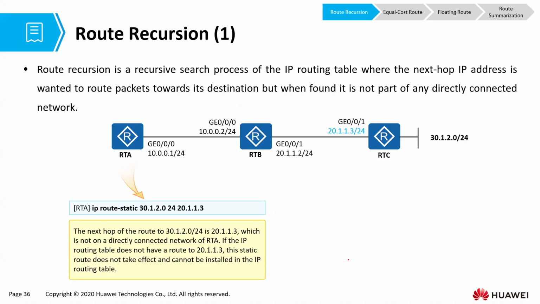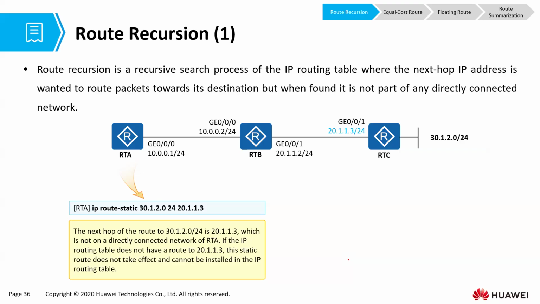Route recursion. A recursion is a recursive search process of the IP routing table where the next hop IP address is wanted to route packets towards its destination, but when found, it is not part of any directly connected networks.